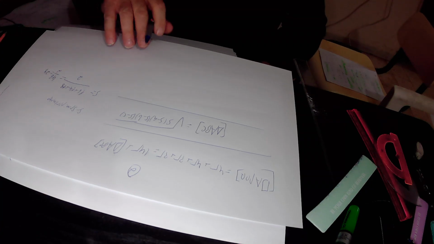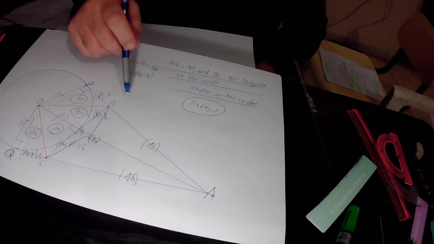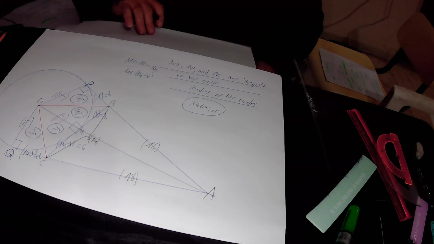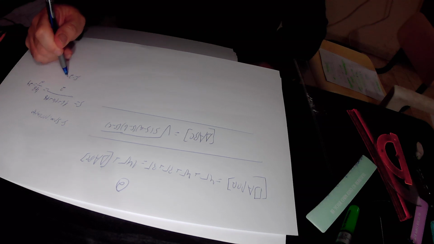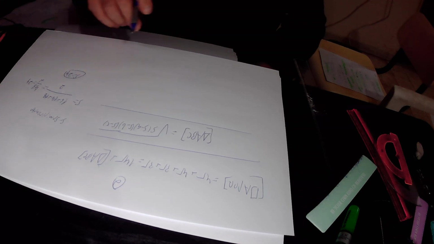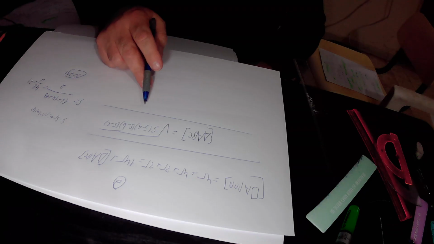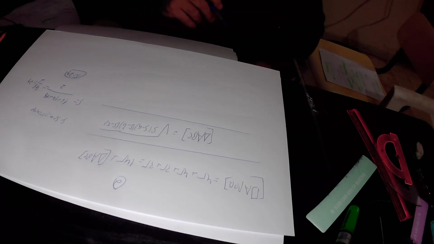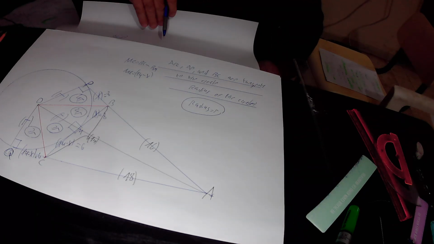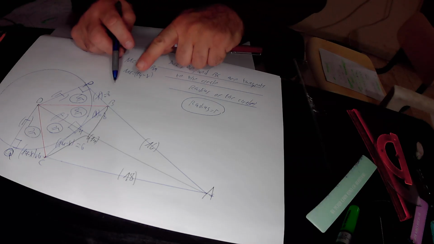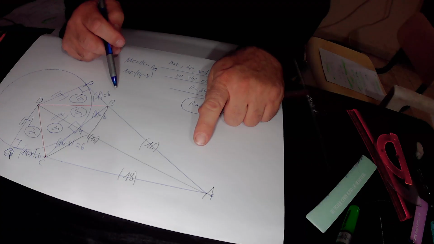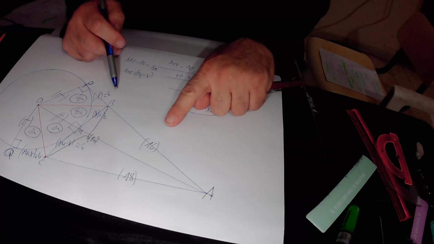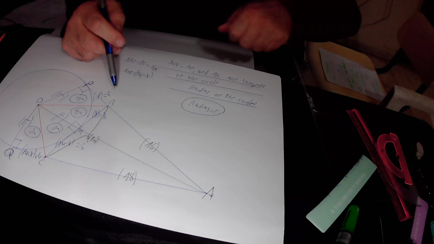So in total, the semiperimeter of this triangle ABC, S, equals 24 units in length. A, B, and C in this formula are the side lengths of triangle ABC. BC is equal to 16, so A equals 16.